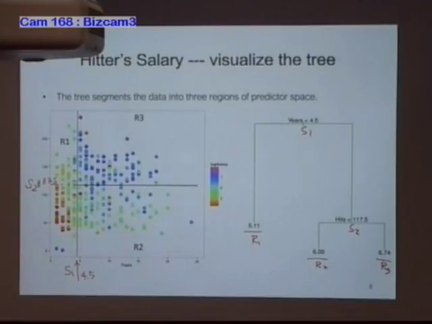And another more important piece of information: you may wonder why we draw the tree this way. The length of these branches also means something. The length of this branch means the reduction in the errors. So let's think about this as the residual sum of squares.